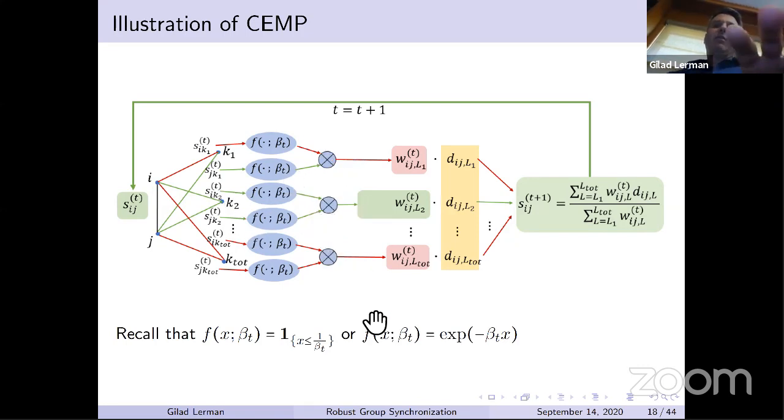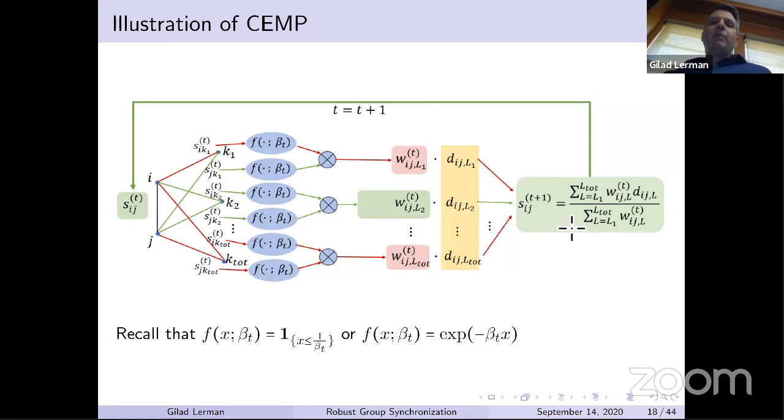So when I use the softer thresholds with the exponential function, I usually see high weights for the good cycles and low weights for the bad cycles. Now I average the cycle inconsistencies with these weights, and I get an improved estimate for my corruption level.